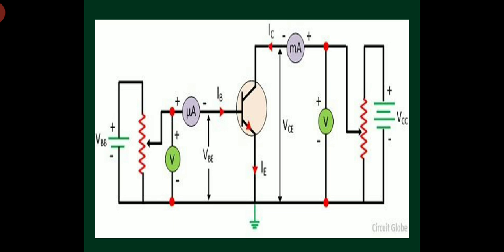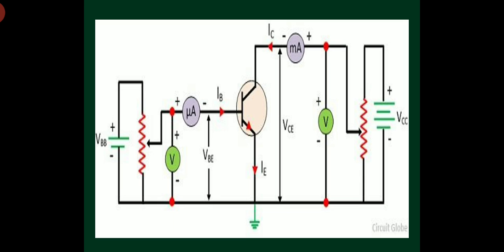Here VBB and VCC are the voltage sources. VBB is a DC voltage source connected to the base terminal. That's why it's called VBB, double subscript notation. And VCC is the voltage source connected to the collector terminal and ground, so in double subscript notation I call it VCC.